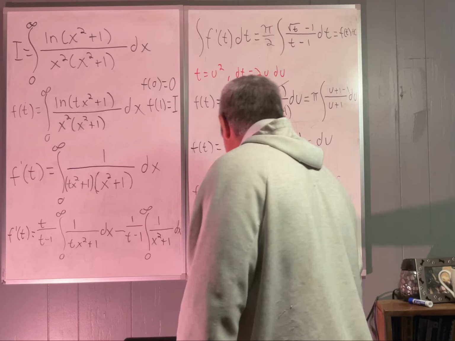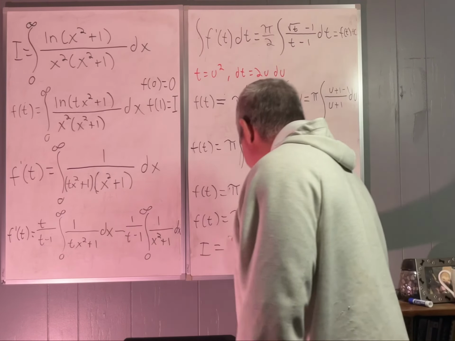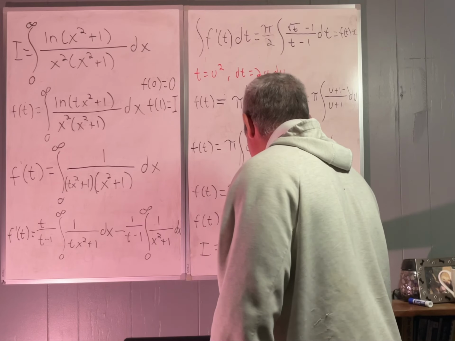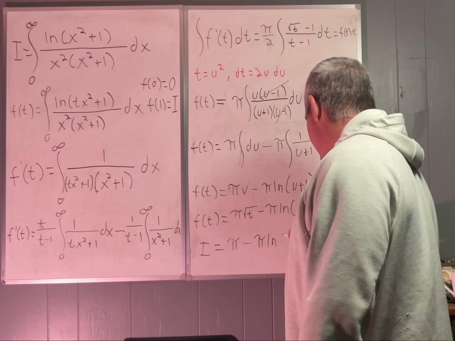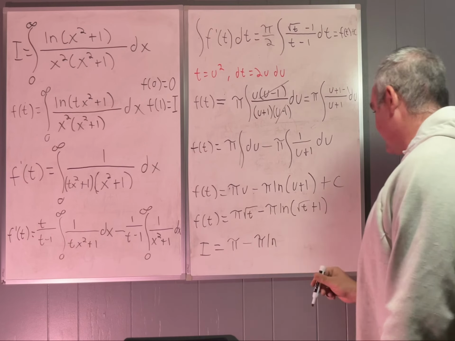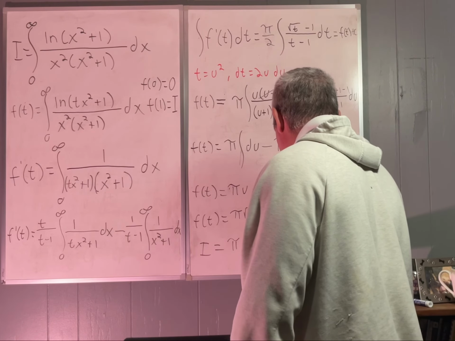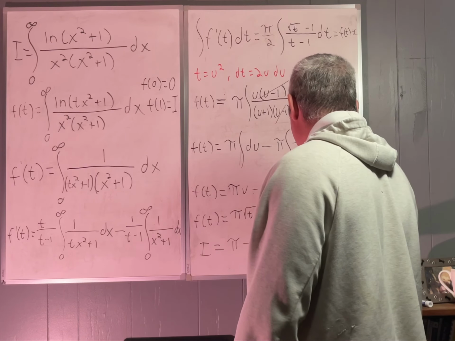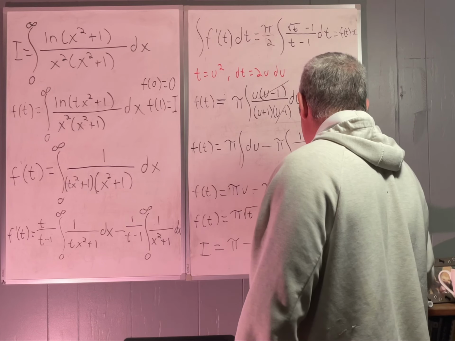And that's equal to, let's see, pi times 1, which is just pi, minus pi times the natural log of, let's see, square root of 1 is 1, 1 plus 1 is 2. That would be the natural log of 2, which is equal to pi times 1 minus the natural log of 2.